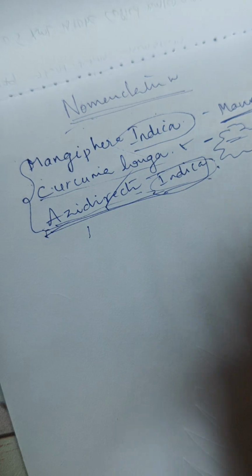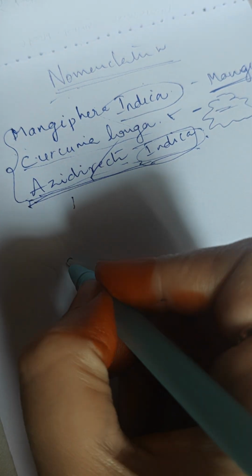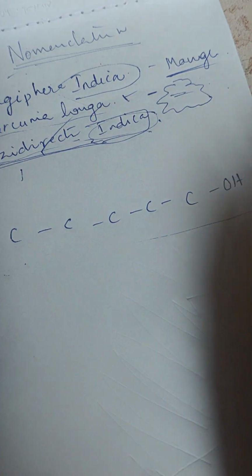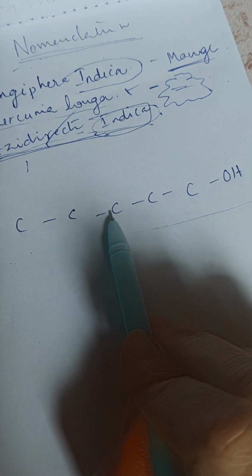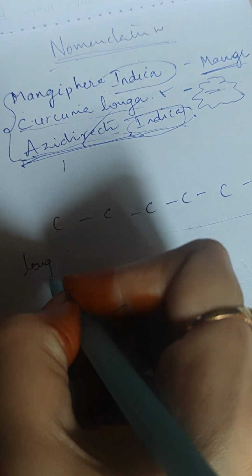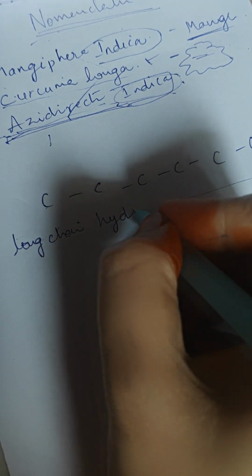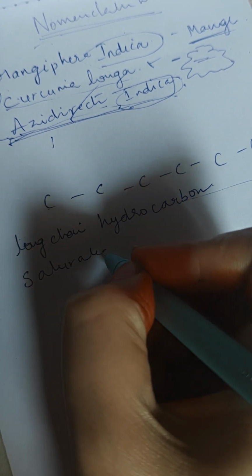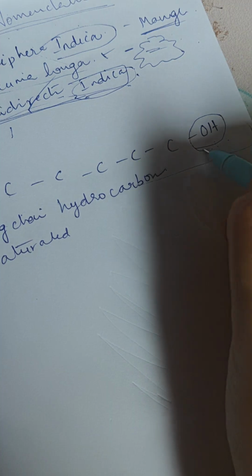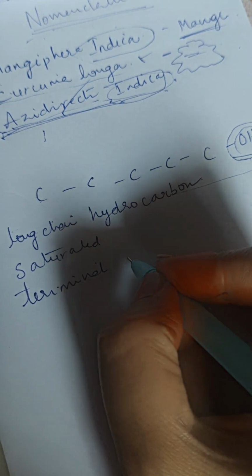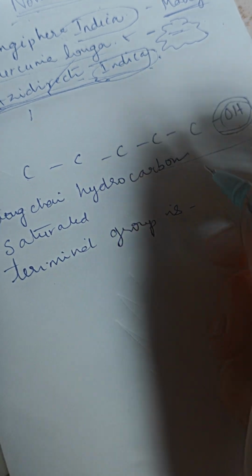Then when we talk about our compound of interest, our candidate, one is a long chain hydrocarbon, saturated, and the terminal group, which means the last one, is OH.